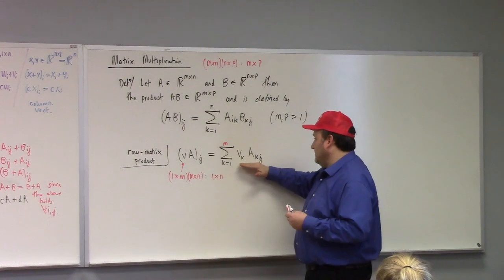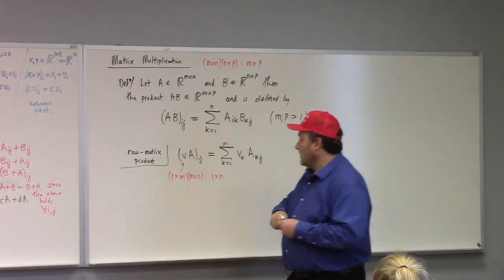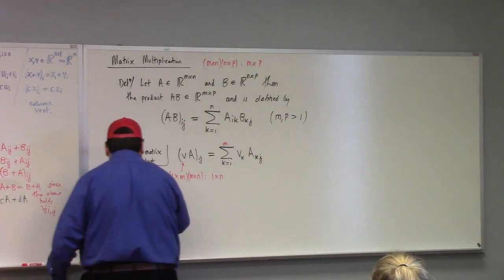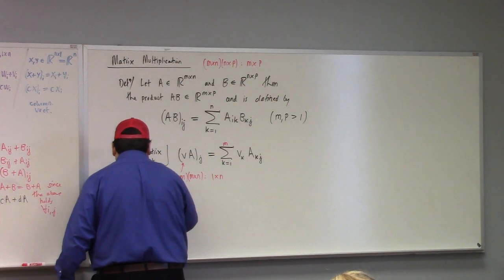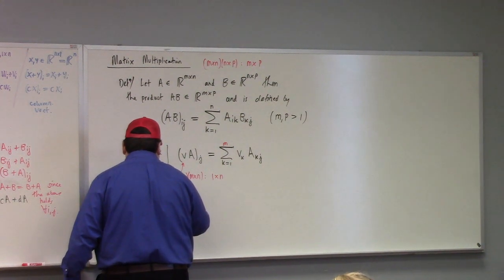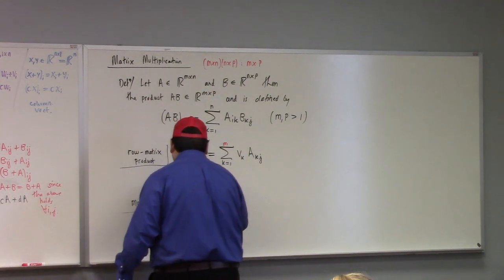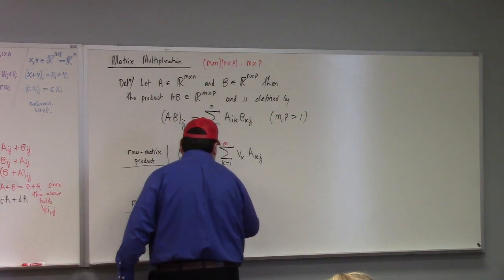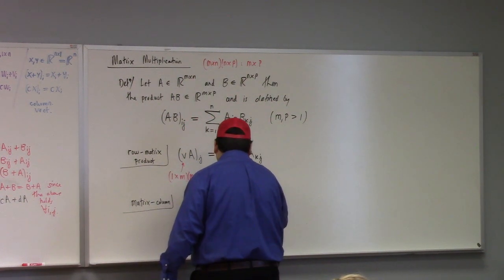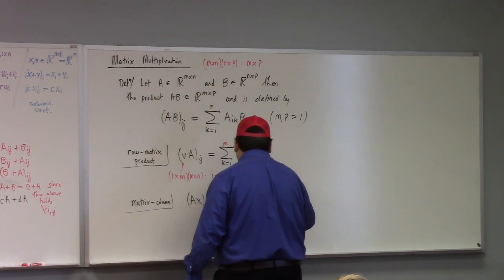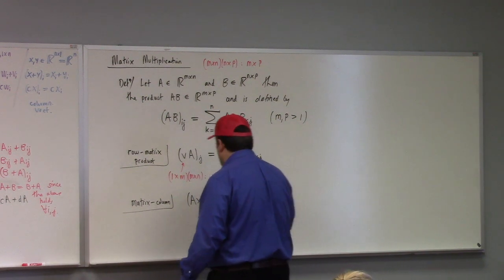And so this is, again, a row. It's a matrix column, rather, so it matters which one comes first, all right? Matrix column product. There we'd have A times X. The ith component of it would be the sum from k equals 1 to n of A_ik x_k, I believe.